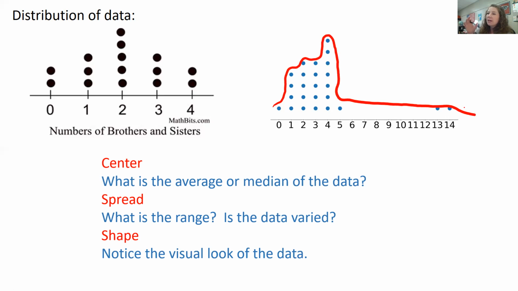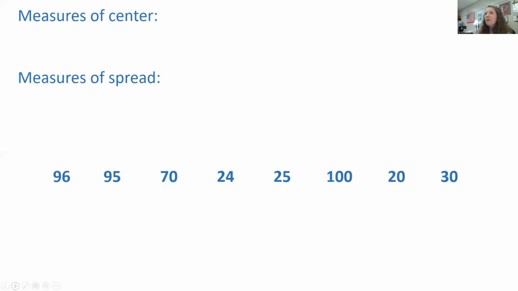So most of my data is gathered closely on the left. So that means it's skewed to the right. However, if I draw a picture of this data, oh my goodness, look how symmetrical it is. I could draw symmetrically.